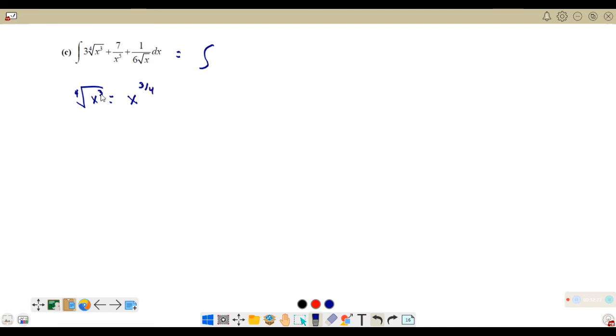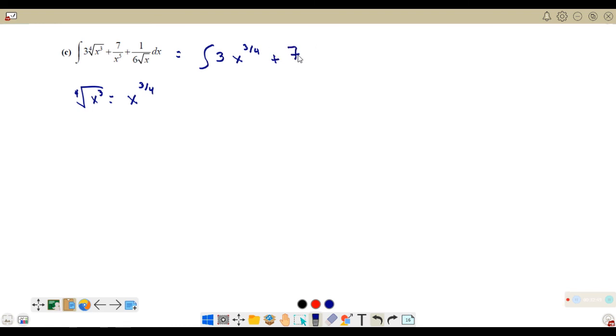So, the numerator is the power of your radicand and the denominator is the index of your radicand. Ang index natin ay itong 4 sa labas. So, lagi yung power over index. So, pwede natin ito isulat as 3. Ito yung 3. Tapos, ito ay yung x raised to the power of 3 over 4.